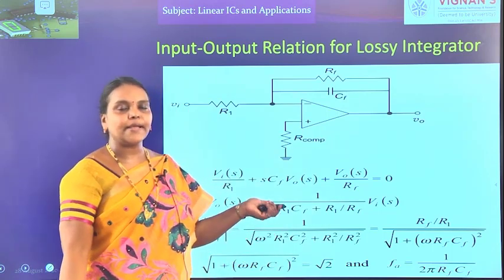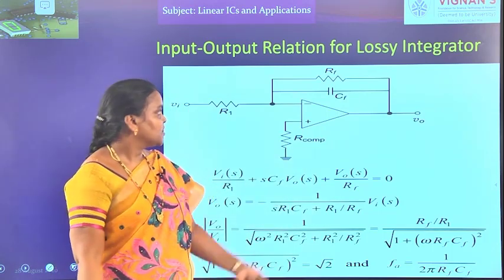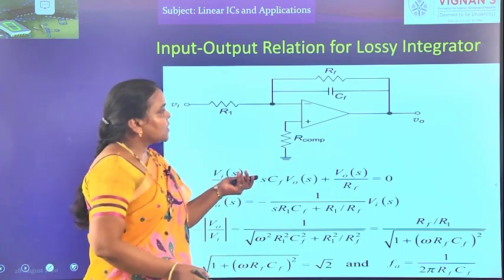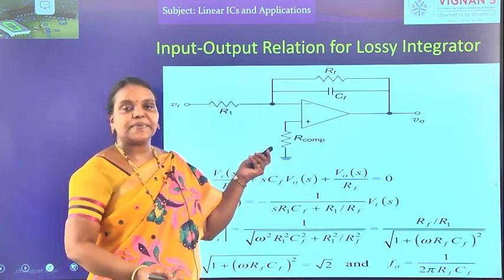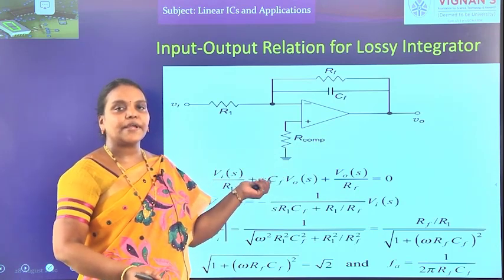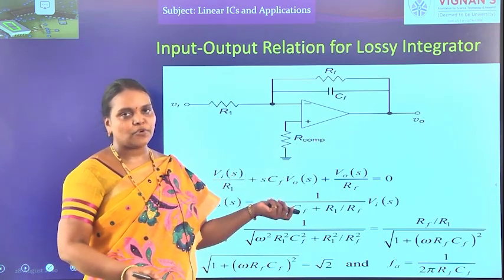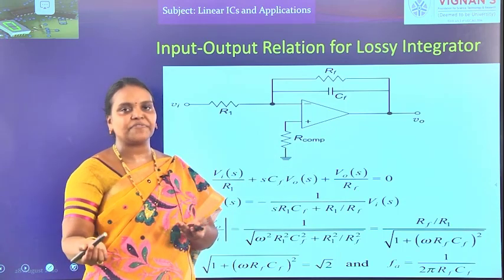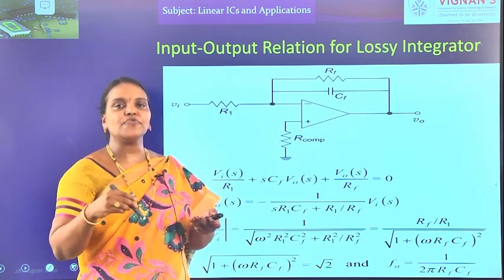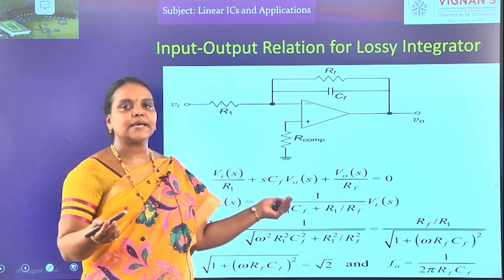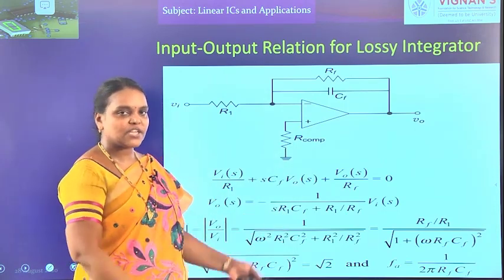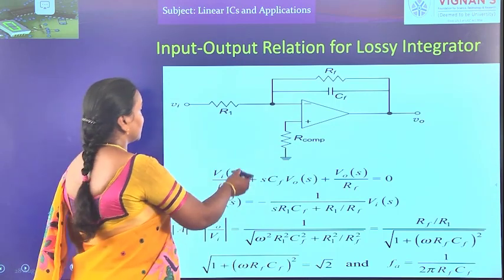And now let us see the input output relation for this circuit. In the last case, that is for the basic integrator case, we have derived the expression in the time domain. We can write the KCL in time domain or frequency domain. So, to make you familiar with both domains, here we are writing the KCL in the frequency domain, that is Laplace transform domain, S domain.